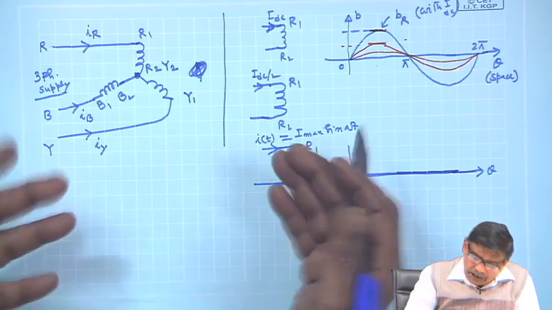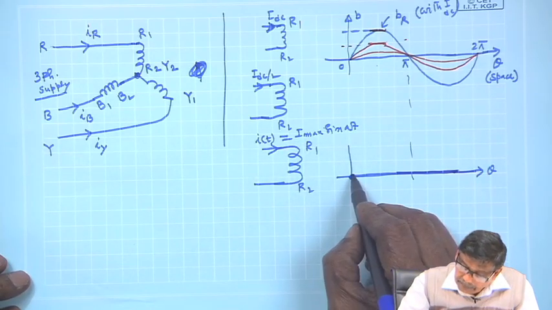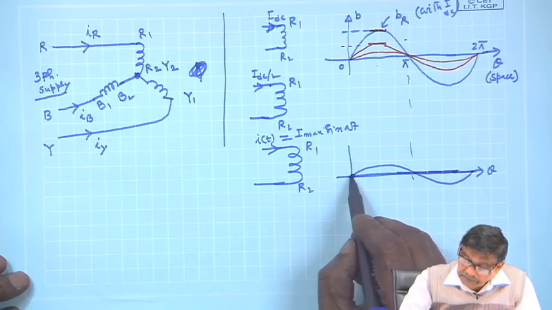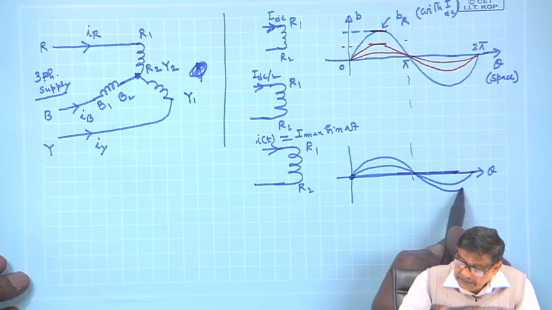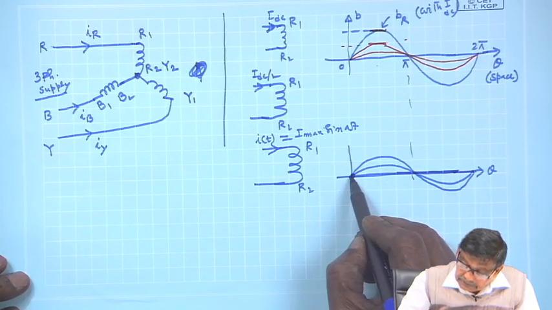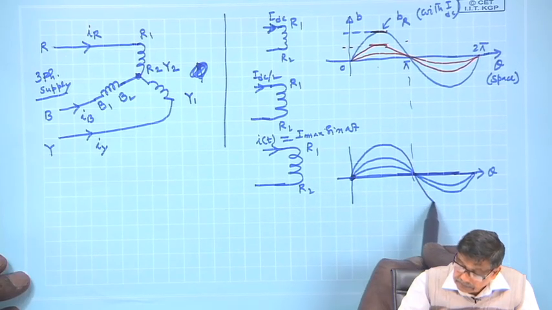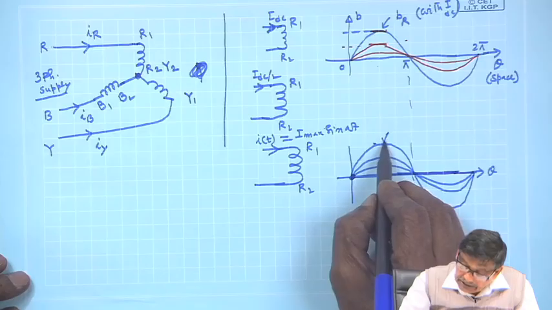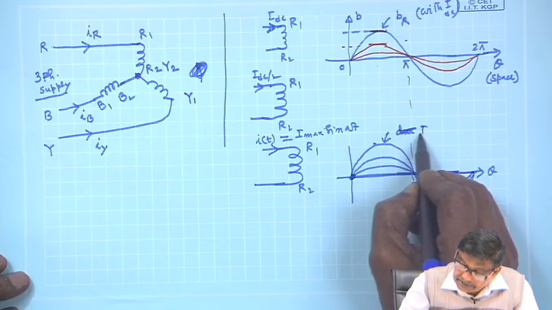When current becomes 1 ampere, it will have some B distribution like this. Current increases, it will be like this. Current becomes plus I max, this is the B distribution for I max.